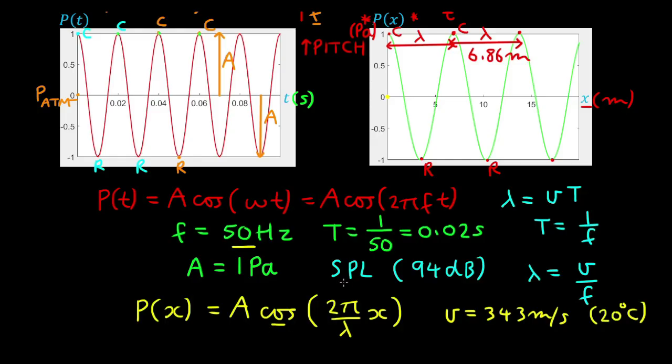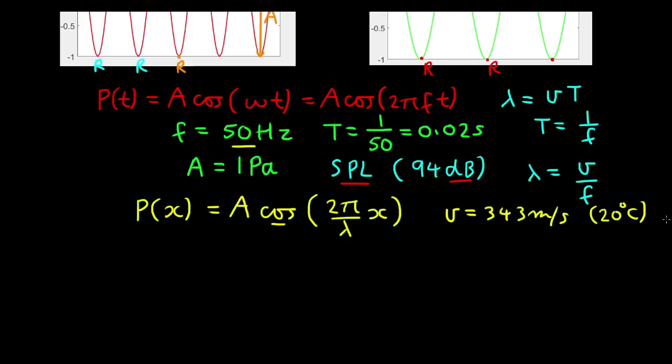And I'll write down the sound pressure level formula, which converts the sound pressure to decibels for your reference. So the sound pressure level is equal to 10 by log base 10 of the pressure on the reference pressure squared.